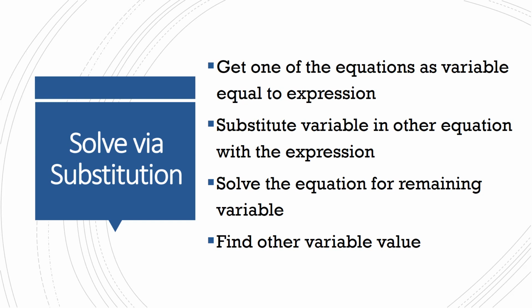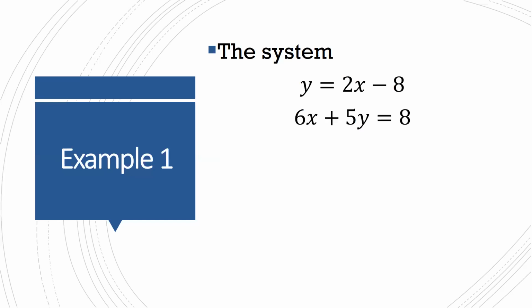Then we solve for the variable that remains. And then after we get the variable that remains, we use that to find the other variable, the one that we've eliminated. Let's take a look at an example and see how this is done.